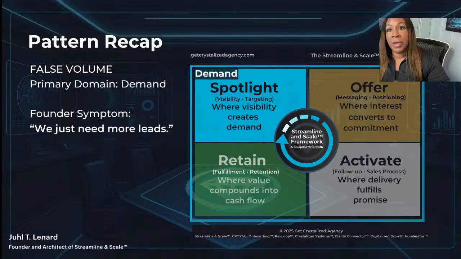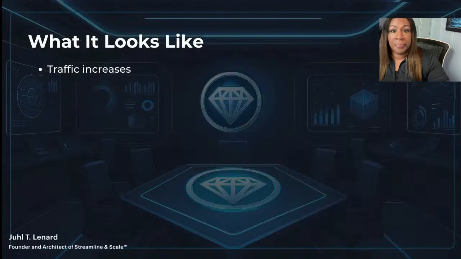Today, the pattern that we're recapping in the Archetypes of Scale series is false volume. In false volume, we look at a situation where perhaps revenue is declining, and we say we need more leads. That is the action that we want to take.